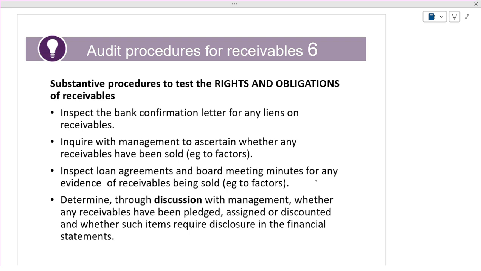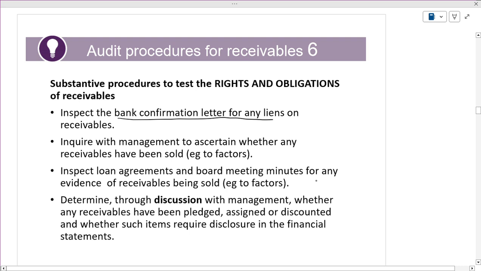What about rights? Inspect the bank confirmation letter for any liens on receivables. What does lien mean? Any claim.